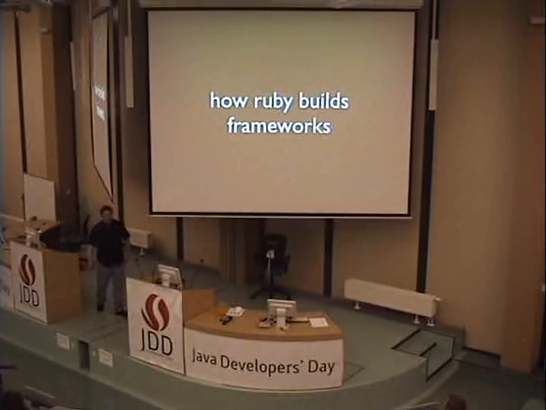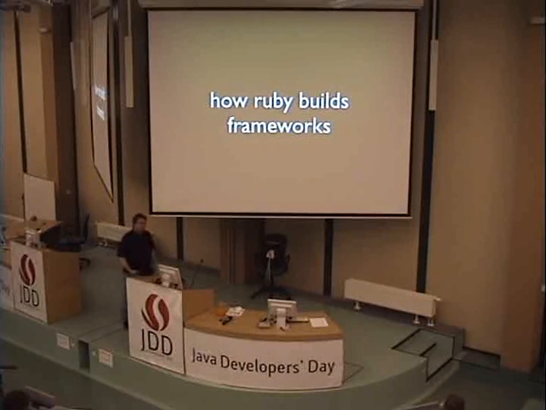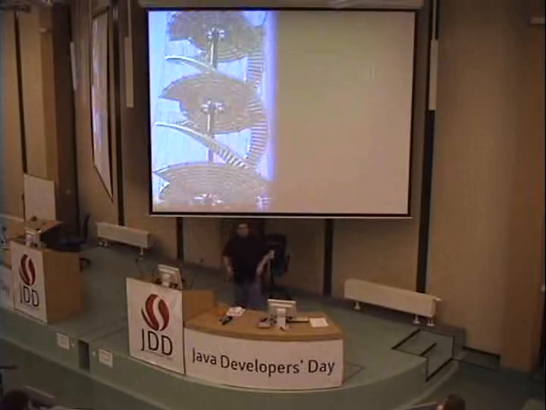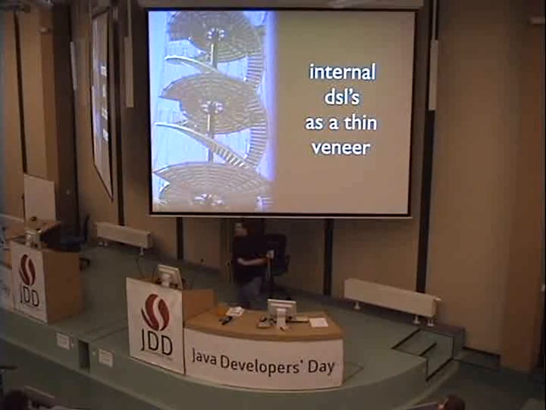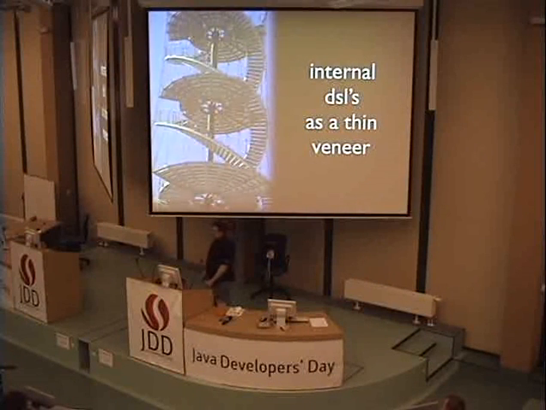This is, in fact, how Ruby builds frameworks. If you look at Ruby on Rails, it's not really much more than internal DSLs written on top of the existing Ruby language. And that's part of the secret to its success. There's very little code there. It's just a thin layer of DSLs on top of the existing Ruby code.